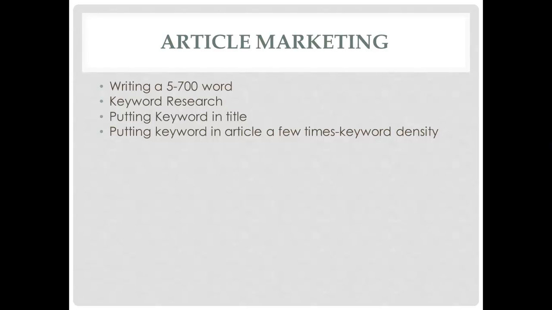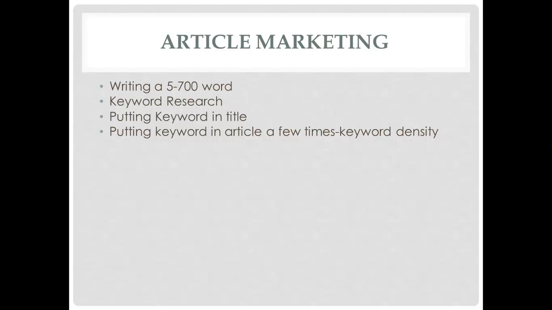Keyword density is basically, let's say you have a 500 word article and your keyword is "lose weight fast," or "best way to lose weight fast." That's a long tail keyword, but a keyword nonetheless. You have it there 5 times.